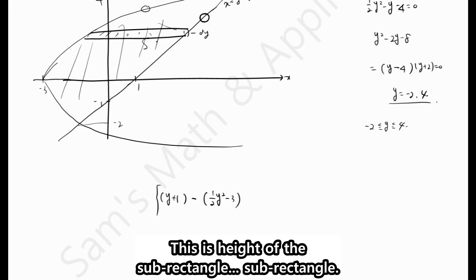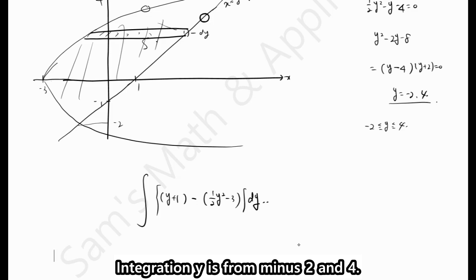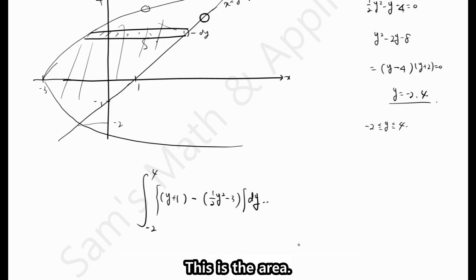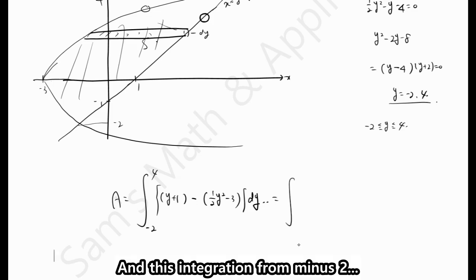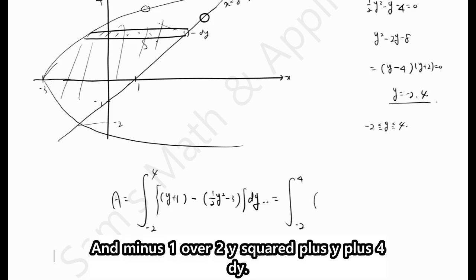This is the height of the subrectangle, and dy is the base length. Integration, y is from minus 2 to 4. This is the area. And this integration from minus 2 to 4 of minus 1 over 2 y squared plus y plus 4 dy.